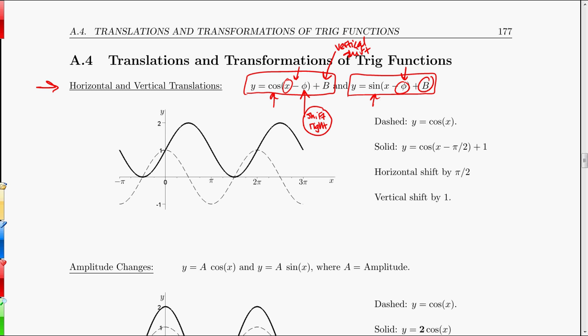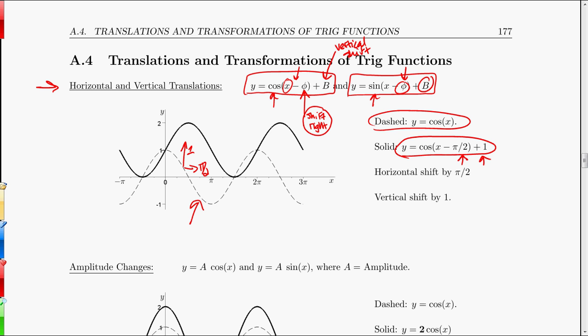For example, the dashed curve here is cosine x. If I want to move it to the right pi over 2 and up by 1 unit, I would take cosine of x minus pi over 2, plus 1. That moves it to the right pi over 2 and bumps it up by 1.